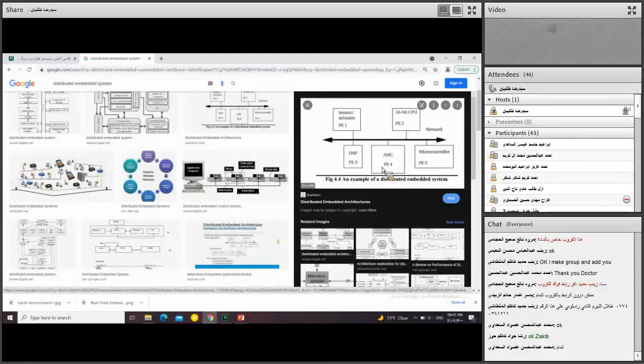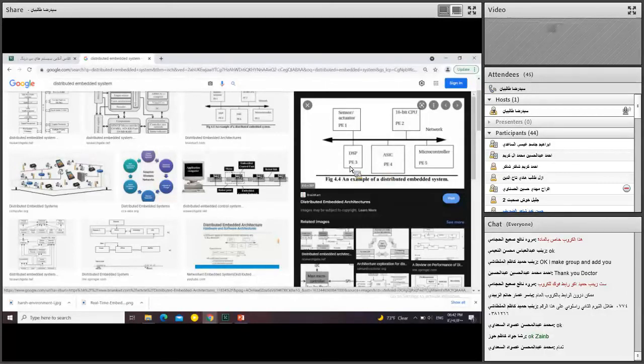Another one is ASIC. ASIC means application-specific integrated circuit. It means that it is an IC with a special application. Maybe it can process something, maybe it can't process something, and only, for example, gathers the information.